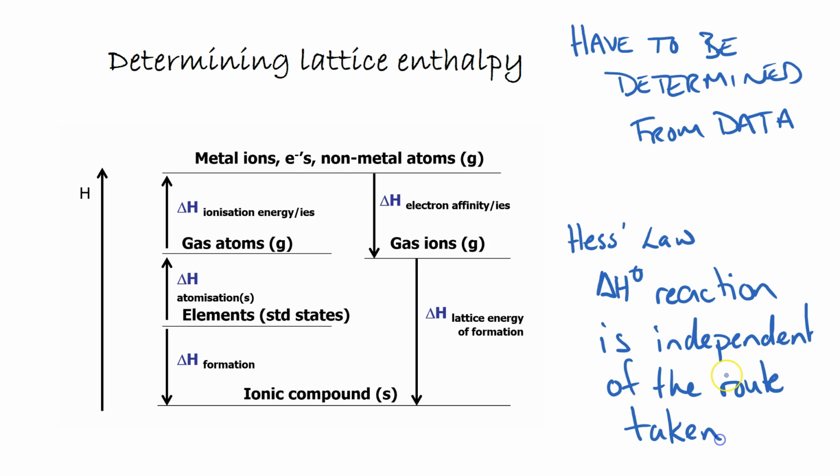What this means is we are able to calculate an unknown lattice energy of formation or dissociation by looking at the corresponding enthalpies of formation into the solid ionic state, and how we would then turn these elements into gases by enthalpies of atomization, how we would turn the gaseous atoms into ions, and also how we would turn any of the non-metals into gaseous ions by electron affinities.